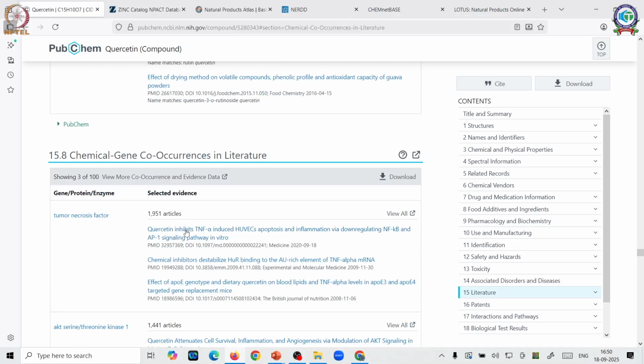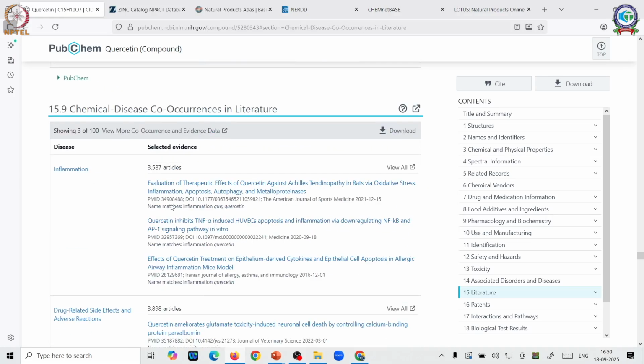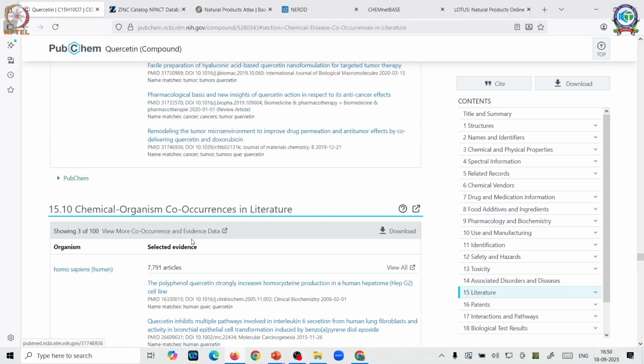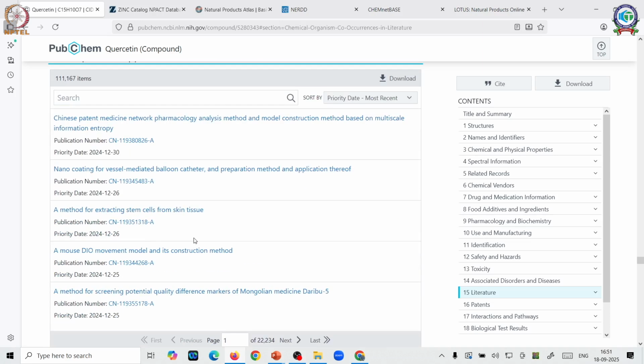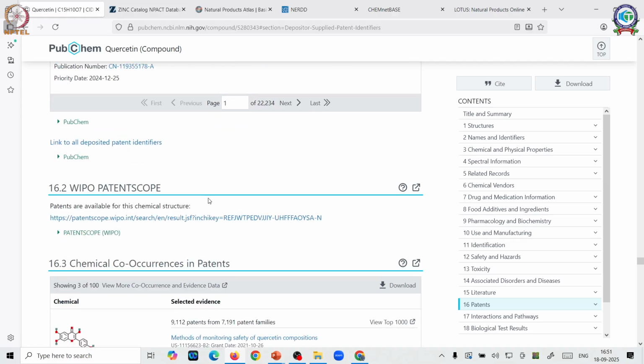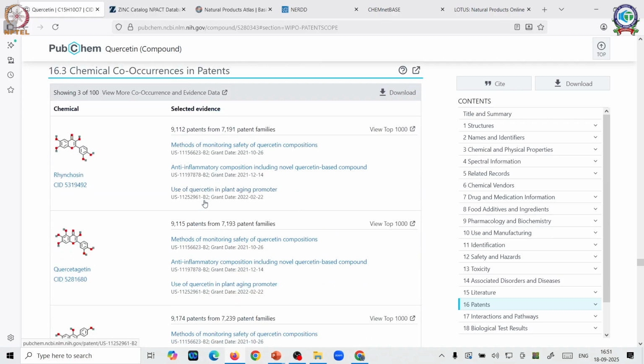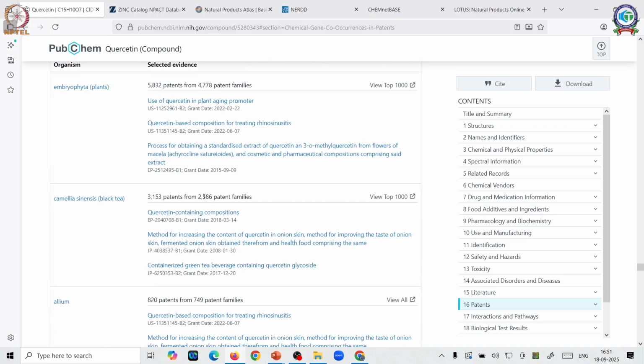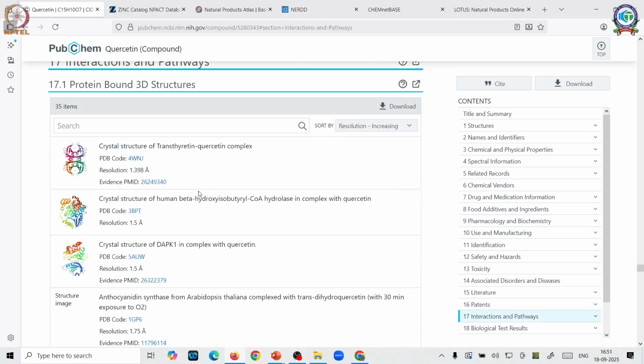Then you have your gene co-occurrences, chemical disease co-occurrences. Post the literature you have patents. What all patents have been filed for quercetin, which have a mention of quercetin. So all those patent data will be there where the quercetin name is mentioned, it will come here.